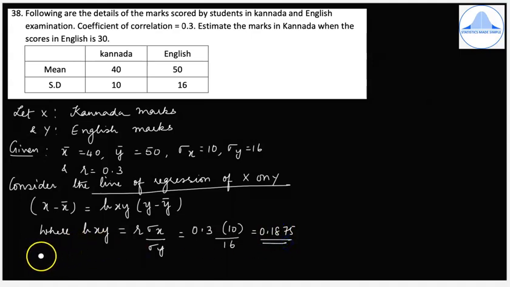Now substituting, we get therefore X minus 40 is equal to 0.1875 into Y minus 50.